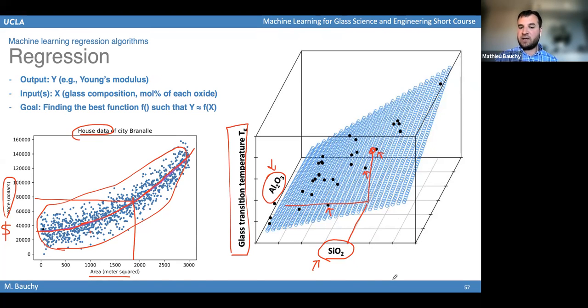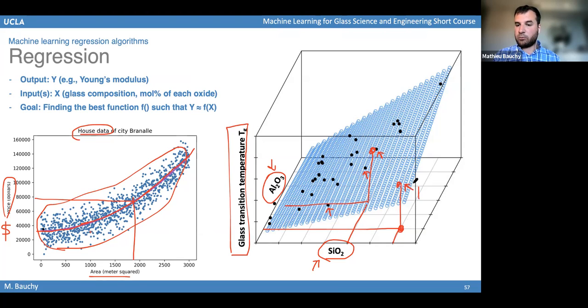Then, by observing those data, you will train a regression model that can learn how to map the glass composition, how to transform the glass composition into its glass transition temperature. Once you have this, it means that for a new glass, even if you don't know anything about it, you would be able to predict its glass transition temperature.